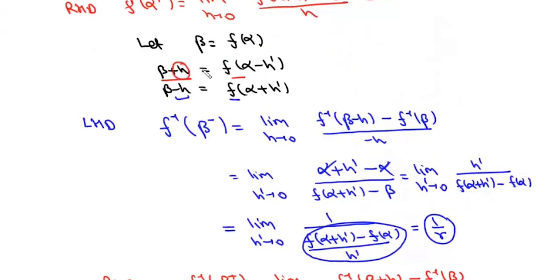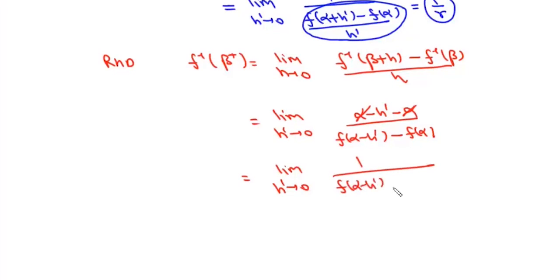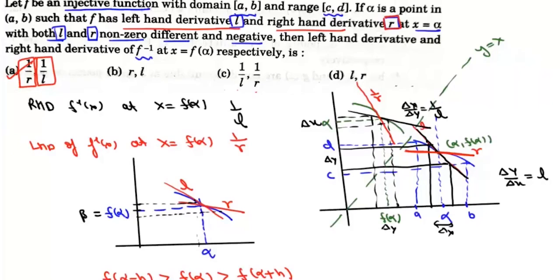And again we can write this h as f(alpha minus h dash) minus beta, and beta is f(alpha). Now here alpha and alpha will cancel, so we can write this as limit h dash tends to 0, and we'll rearrange this as f(alpha minus h dash) minus f(alpha) upon minus h dash, which is nothing but the left-hand derivative at alpha, and which is 1 by L. So the left-hand derivative is 1 by R, and the right-hand derivative is 1 by L. So we have solved this question graphically as well as analytically.